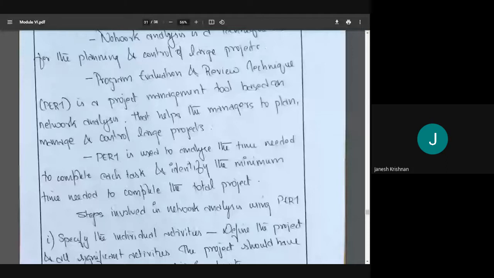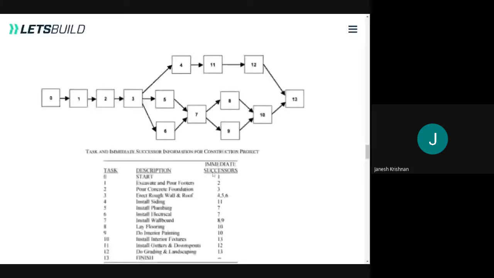we'll analyze this network. First, we'll draw this network, and then we'll analyze it using the program evaluation review technique.